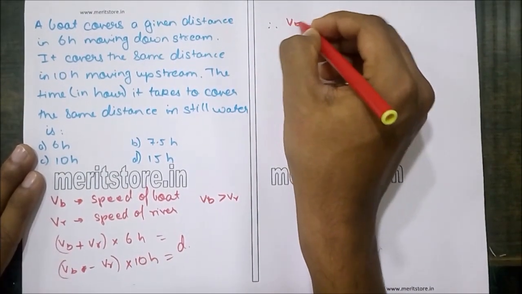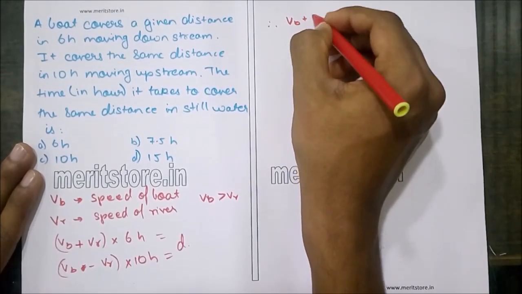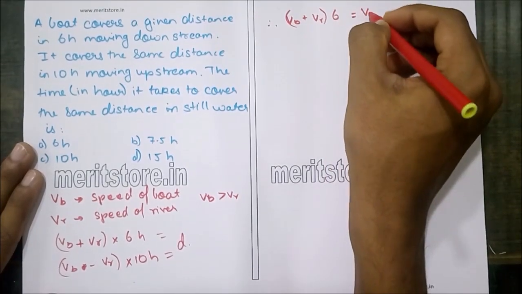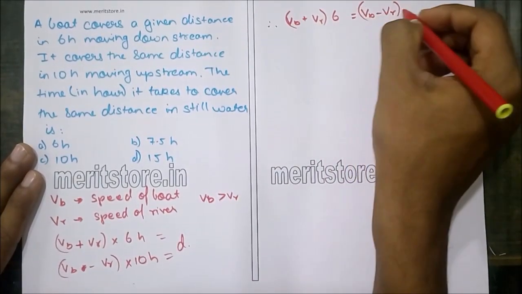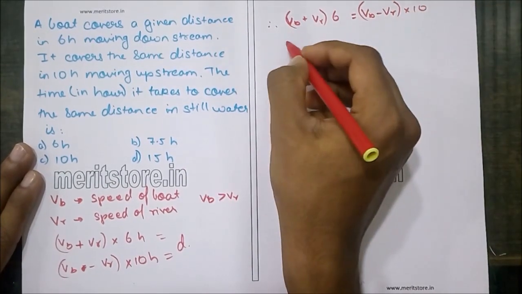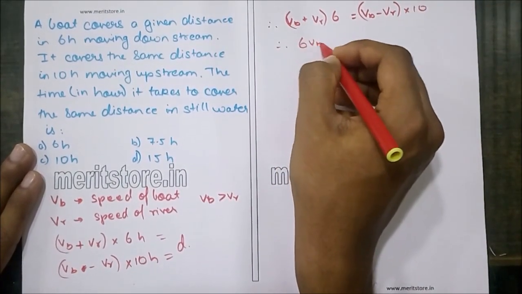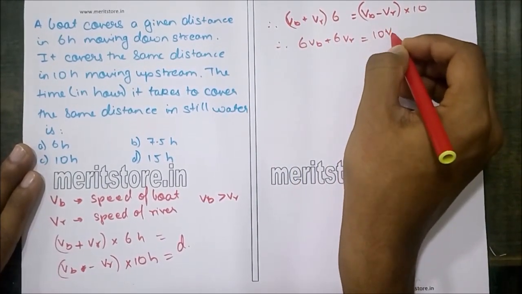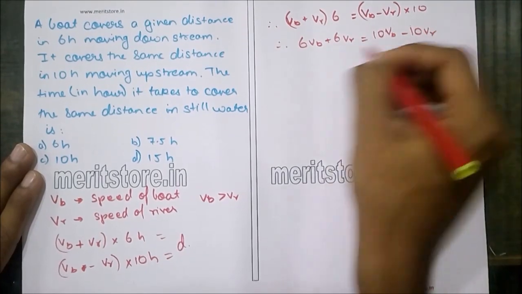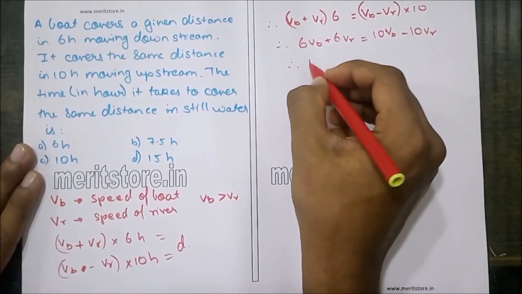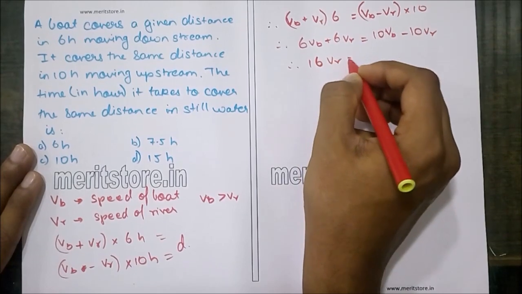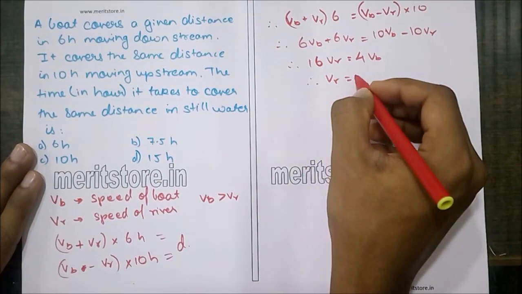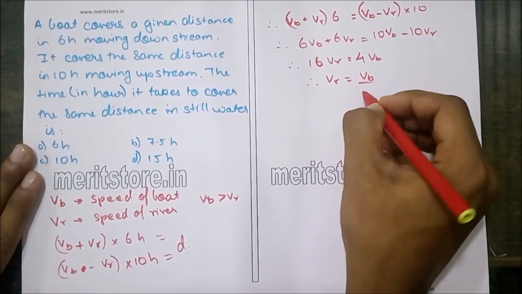Therefore, Vb plus Vr into 6 is equal to Vb minus Vr into 10. Therefore, 6 Vb plus 6 Vr is equal to 10 Vb minus 10 Vr. Therefore, 16 Vr is equal to 4 times Vb. Therefore, Vr is equal to Vb by 4.